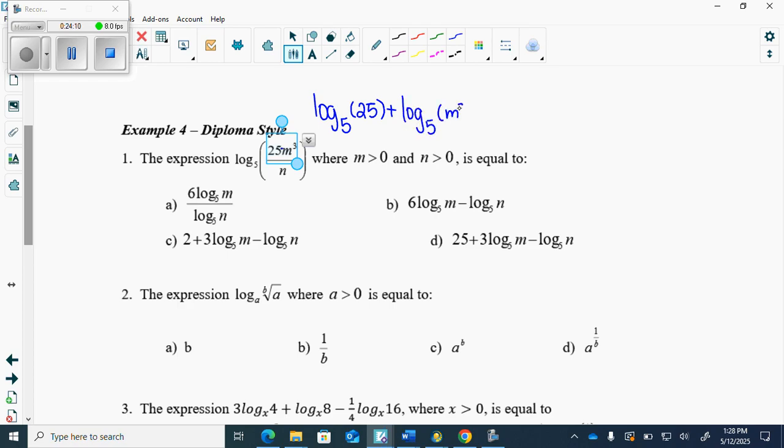And then minus log base 5 of n, because it's in the denominator. Now, what is log base 5 of 25? 2. And then these ones have numbers in front, right? So they're taking these and dropping them in front. So I'm going to get plus 3 log base 5 of m. Minus log base 5 of n.